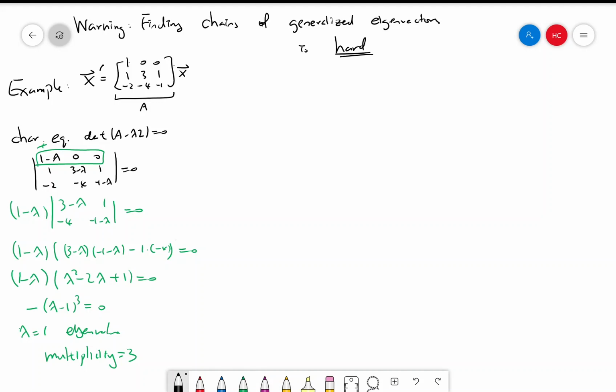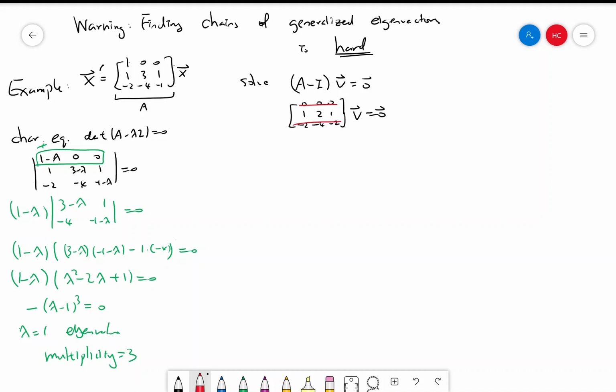Alright, so that's the eigenvalue. We want eigenvectors, so let's now move on to solve A minus lambda I, so A minus I times v equal to 0. So this gives you [0, 0, 0; 1, 2, 1; -2, -4, -2] times v equal to 0. The first row tells you nothing. The third row tells you the exact same thing as the second row.